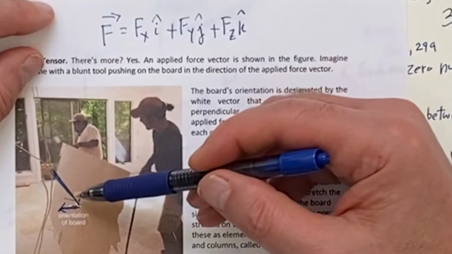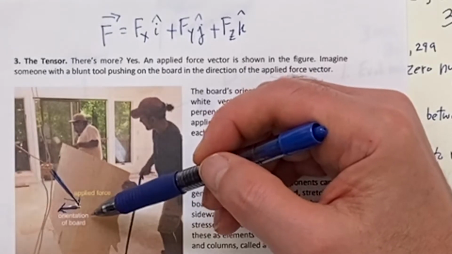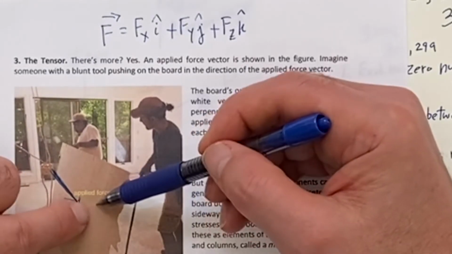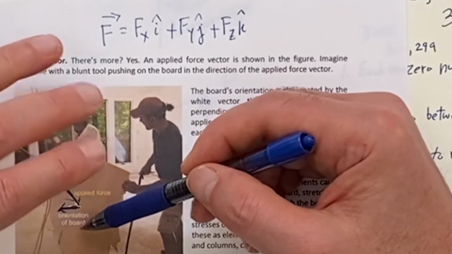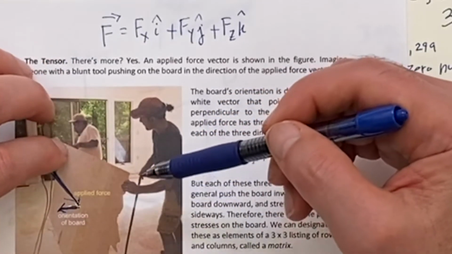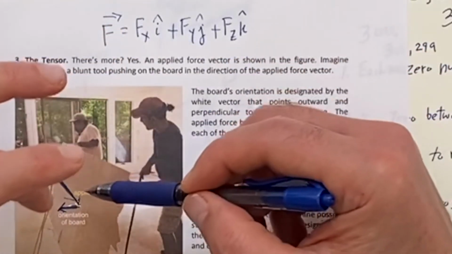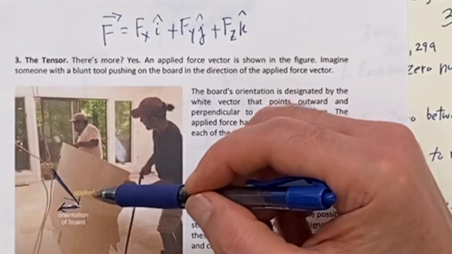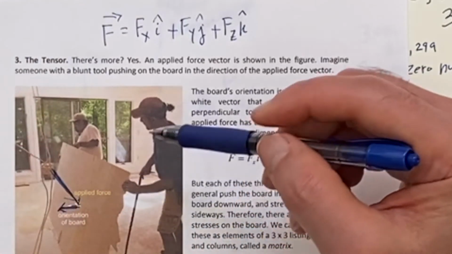Now, each of those forces, in general, has an ability to push the board in or to stretch it to the right or stretch it down, right? Like shear forces. So in other words, each of these forces has 3 effects on the board. The inward thing to break it, or to stretch it to break it that way or down.